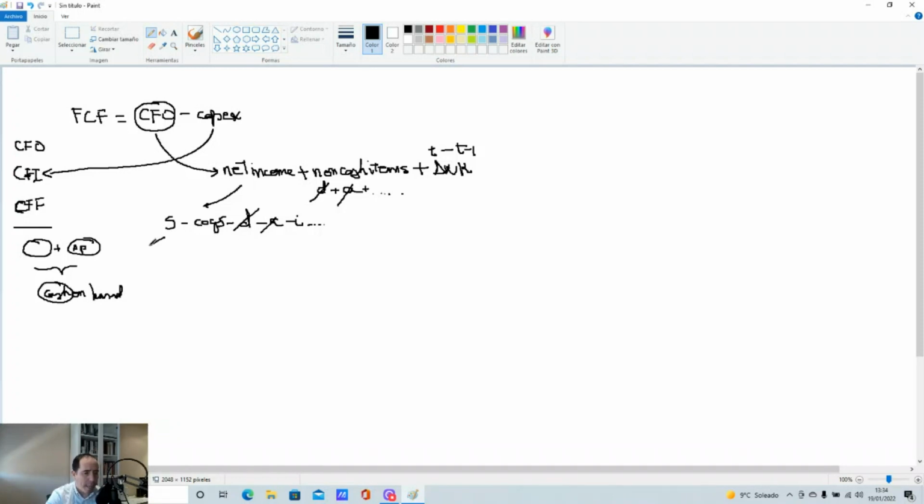And then in the case of the sales, you know that when the company is selling something, not all is paid in cash. A part is paid in accounts receivable. Okay, the same thing happens with the cost of goods. So this part of non-cash is incorporated in this term, which is the accounts receivable from the current year and the accounts receivable from the previous year.